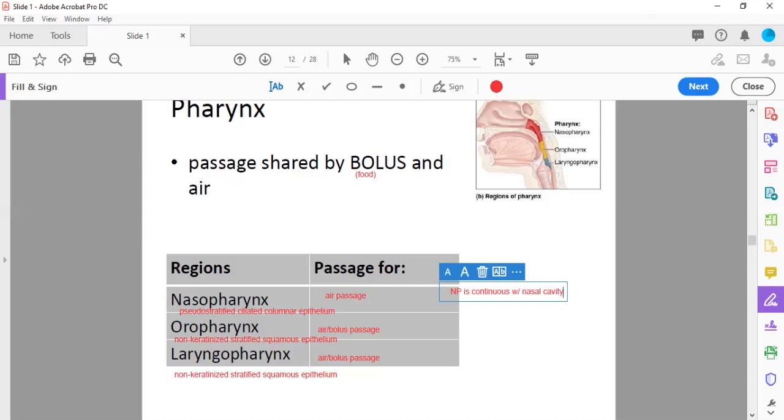So air goes into the nose. The first thing it goes into is what's known as, very good, the nasopharynx.